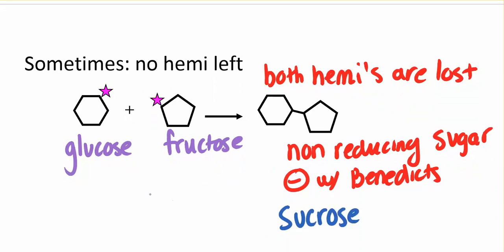Sucrose is a dimer, we would say, a disaccharide made from glucose and fructose. They react in such a way that they lose both hemiacetals, and you get a disaccharide that's not a reducing sugar. Sucrose, you guys might know as cane sugar or table sugar. It's the most common kind of sugar that we use at home.